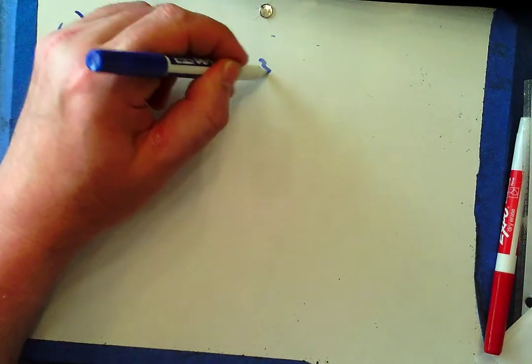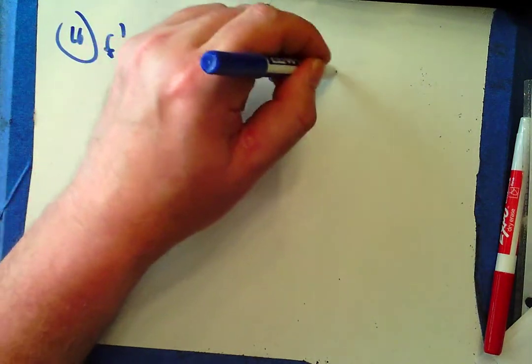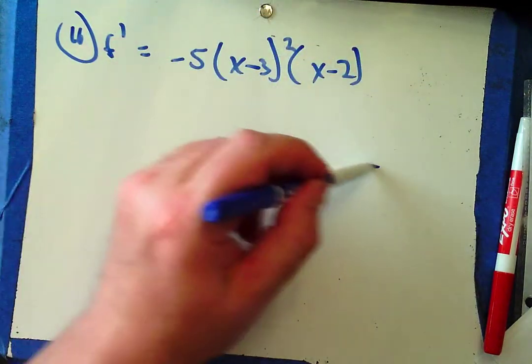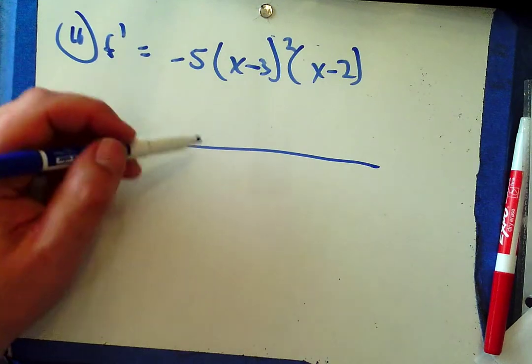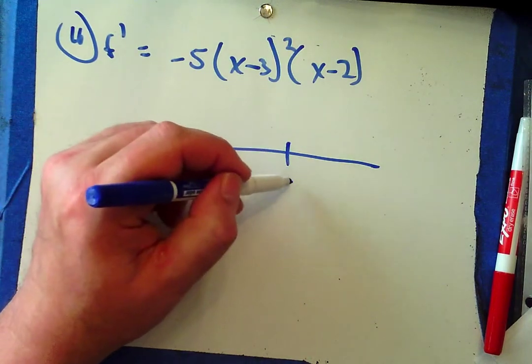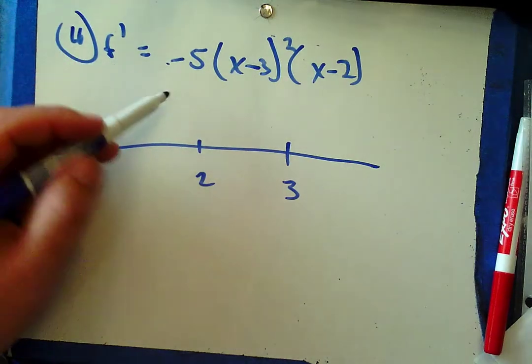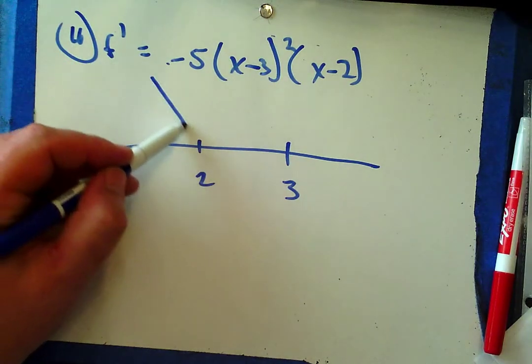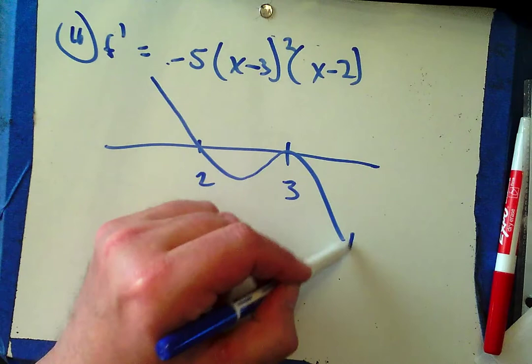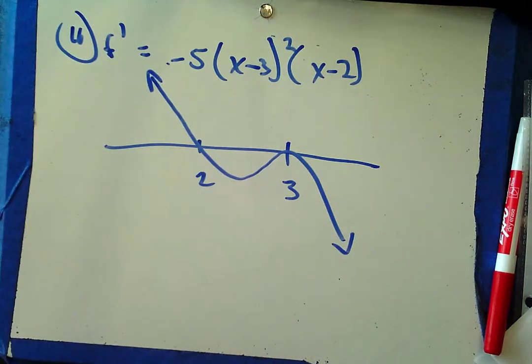16. 16 says f prime equals negative 5, x minus 3 squared, x minus 2. So if I graph this, I've got 2, I've got 3. This is an x to the third, but it's a negative x to the third. So it starts high, and don't forget the bounce at 3.